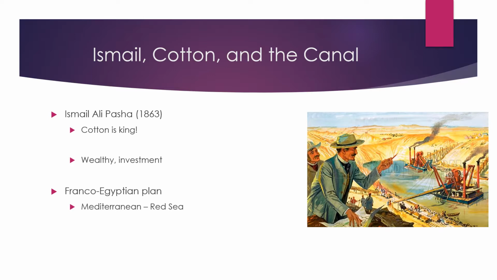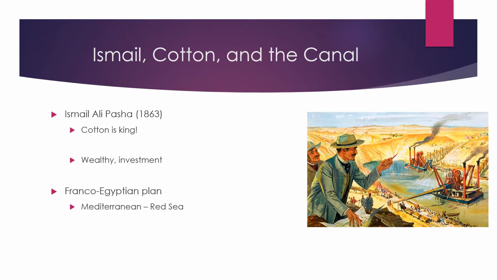It seems to be going very well, to the point where he engages a French architect named Ferdinand de Lesseps, pictured here in the nice blue suit and the wide-brimmed hat, to build a canal that connects the Mediterranean with the Red Sea. It is not only an example of the wealth that Ismail Pasha and the Egyptians have to execute a canal that had been planned since Roman times, but also a kind of investment.